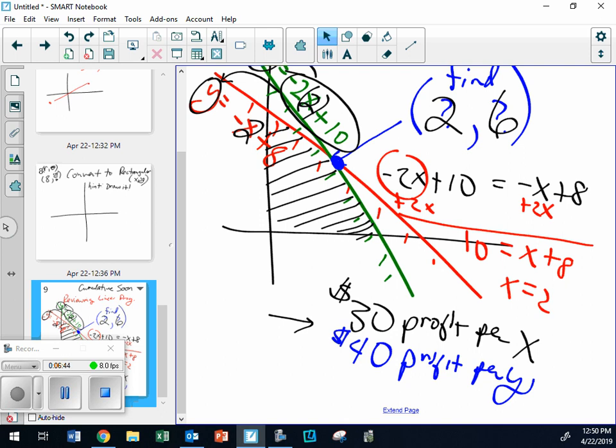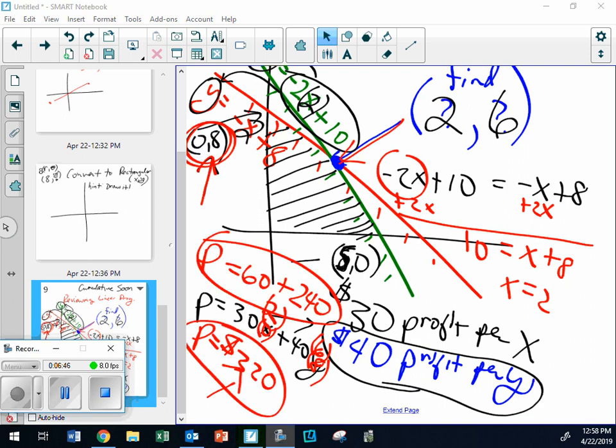Okay, so we figured out the answer was at this spot here, 0, 8. And I'll move the blue dot there. That spot there would give me the most profit, and that was 320 bucks. This was 300 bucks of profit.